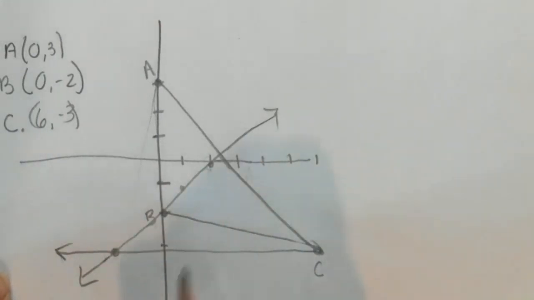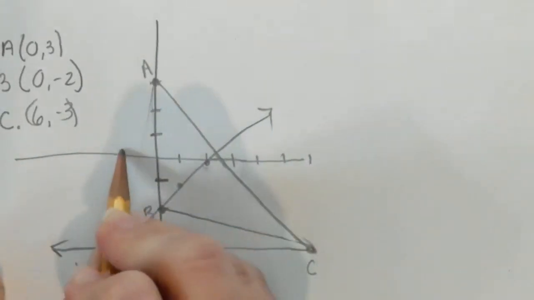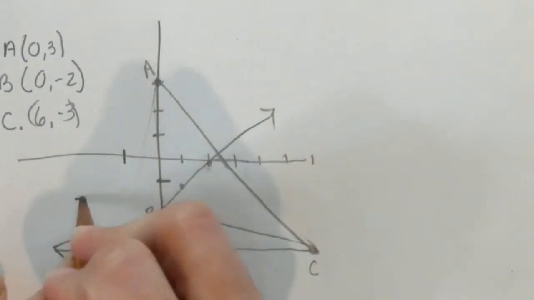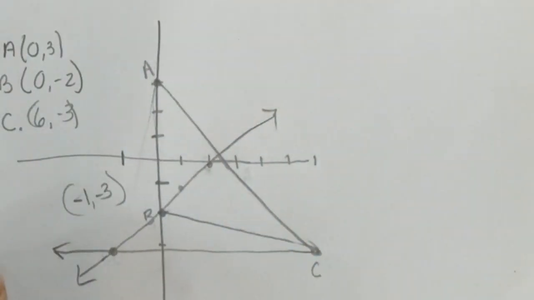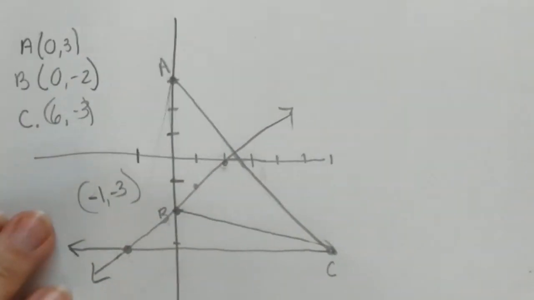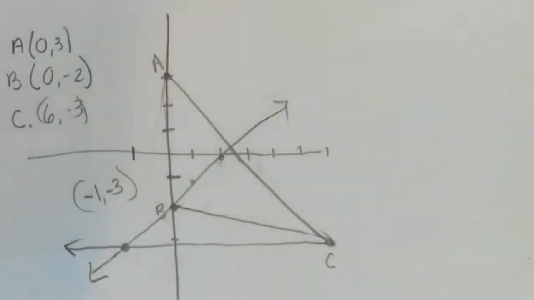I'm a little off. Look at my lovely line here. But if you did it on graph paper, it should be (-1, -3). Yeah, that's what I got. Good. See, it's really not that hard. If you do it in the coordinate plane and you just think logically and count your slopes, easy peasy.